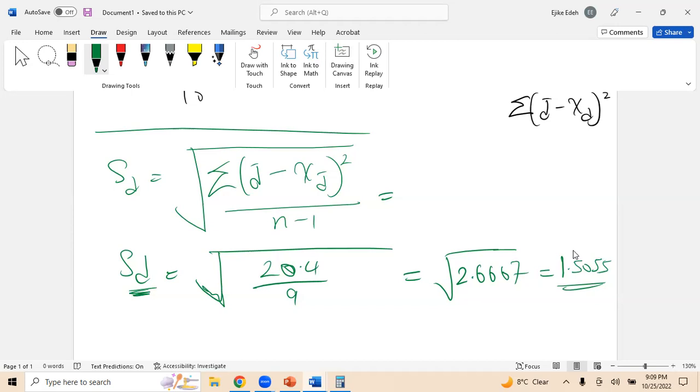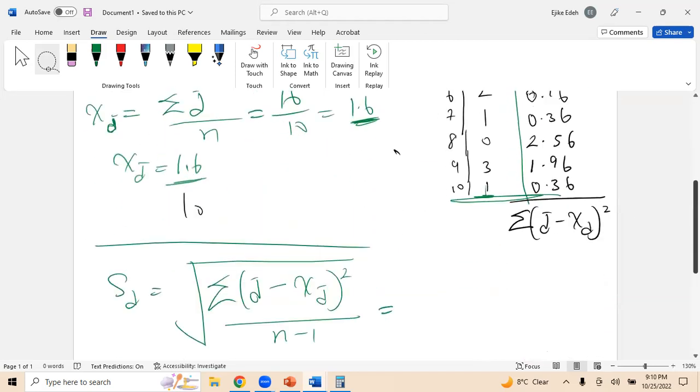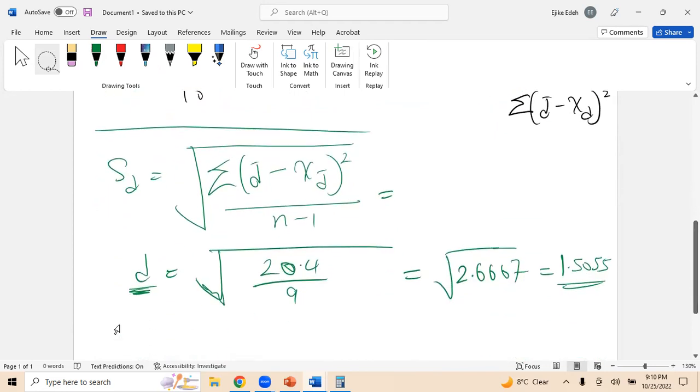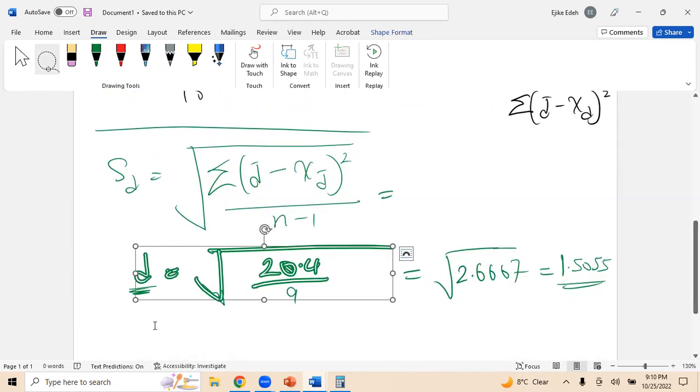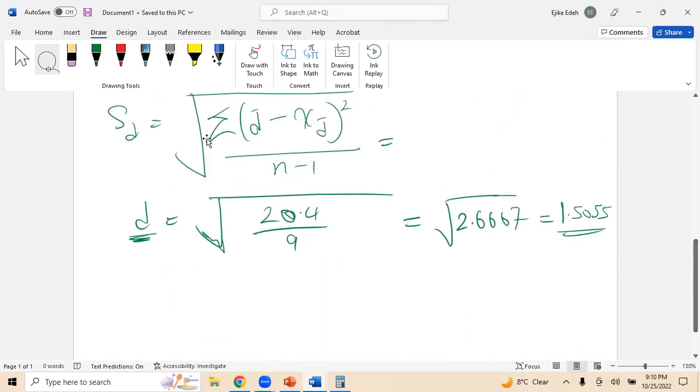Okay, and let's write this very well so that it doesn't confuse you. So this is not just SD, but SD of the difference. Okay, careful.